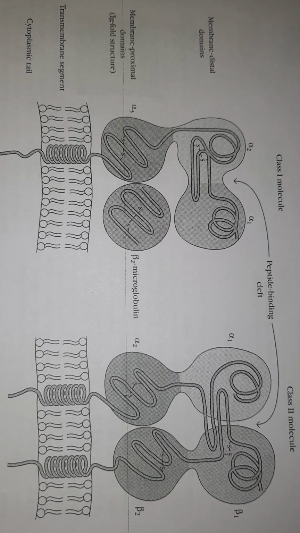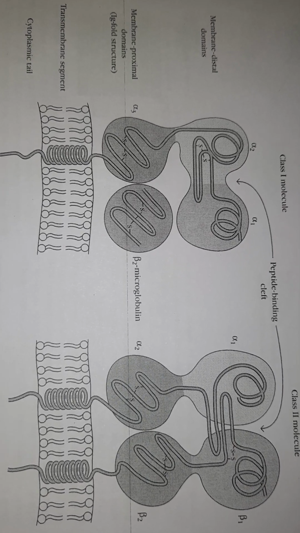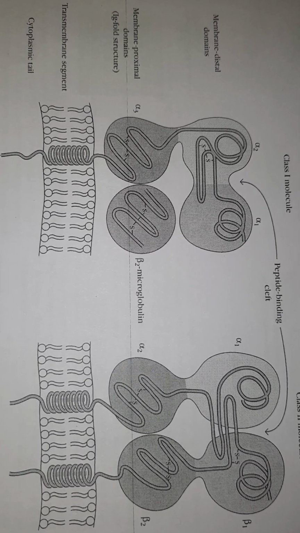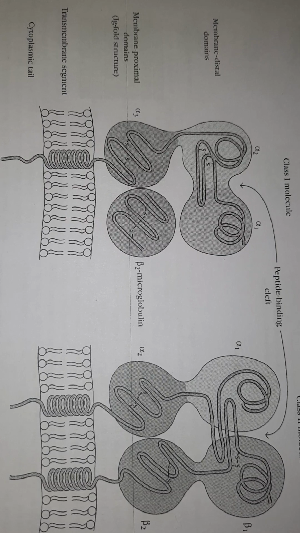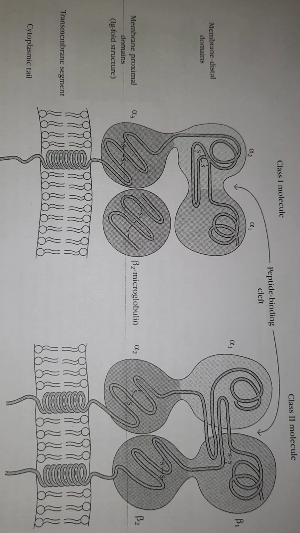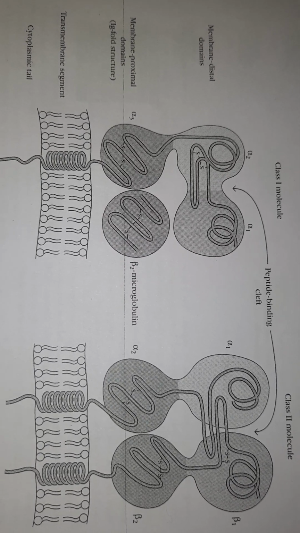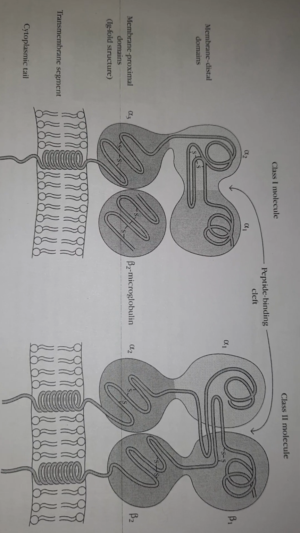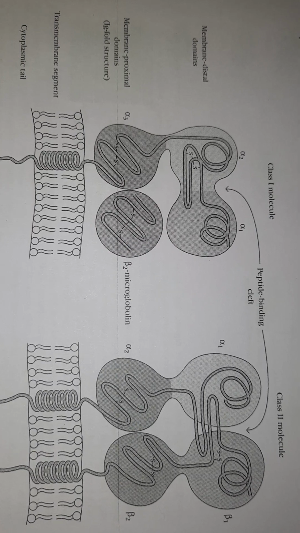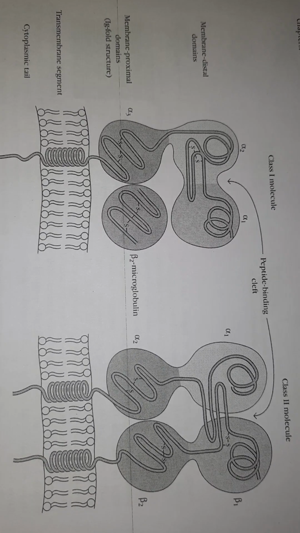The structure of class 2 MHC molecule. It contains two different polypeptide chains: first is the alpha chain, 33 kilodalton, and second is the beta chain, 28 kilodalton. They are associated by non-covalent interaction. The class 2 MHC molecules are membrane-bound glycoproteins that contain external domains, a transmembrane segment and a cytoplasmic anchor segment.